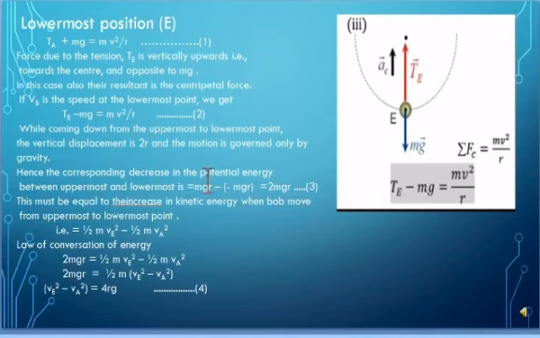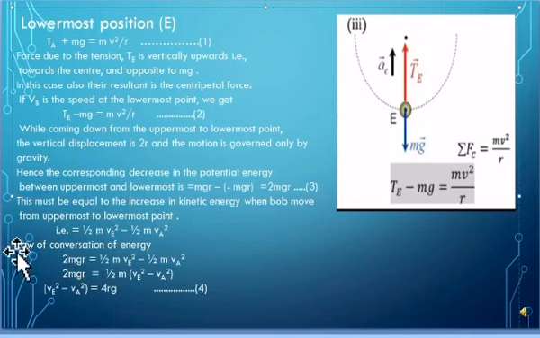Hence the corresponding decrease in potential energy will be equal to 2mgr. This potential energy must be equal to the increase in kinetic energy, since potential energy is converted to kinetic energy when the bob moves from the uppermost to the lowermost position.